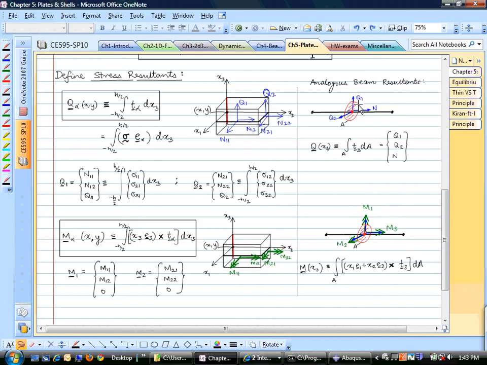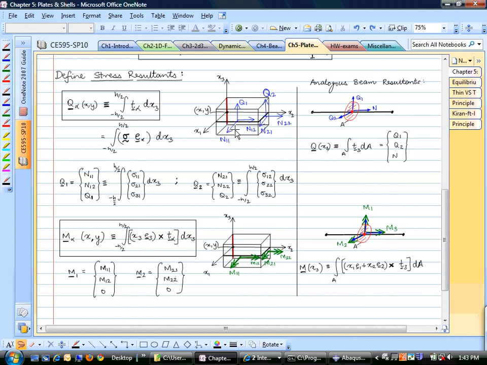Just like the beam theory, you have Q1, we have a Q1 and Q2 in this plate element also. These are out-of-plane shear forces, acting on the positive x1 face, and Q1 is acting in the 3 direction. Similarly, out-of-plane Q2 is perpendicular to the x2 face.